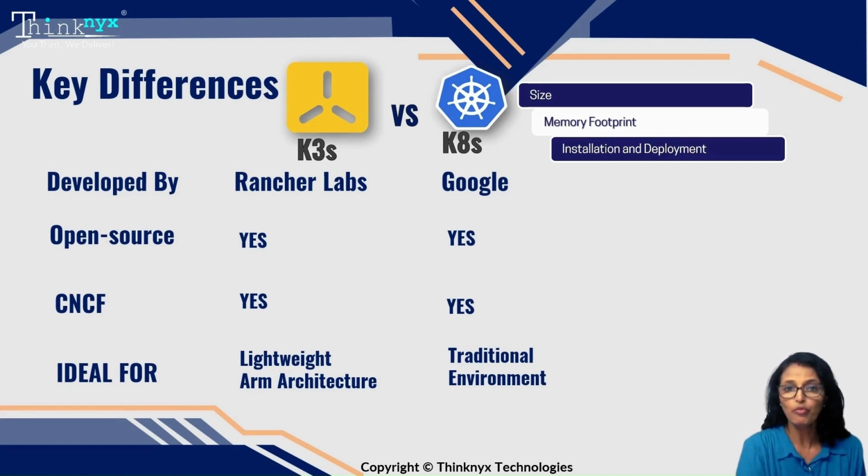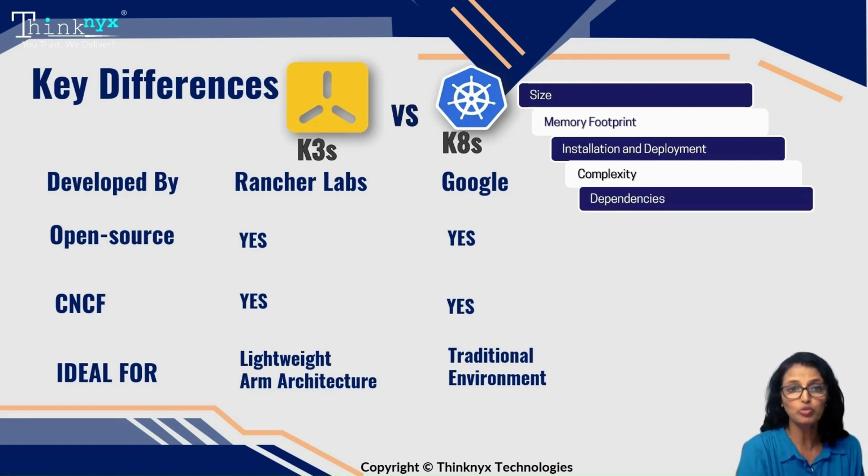K8s is a more complex system with a wide range of features and options, while K3s simplifies the Kubernetes experience by removing non-essential components and reducing complexity. K8s has more dependencies and requires additional components for certain functionalities, while K3s includes essential components out of the box, minimizing external dependencies.